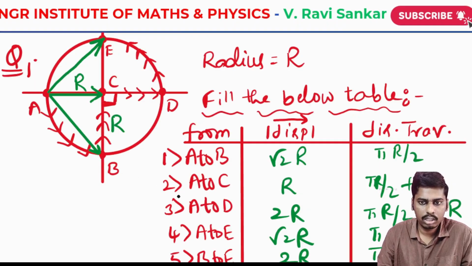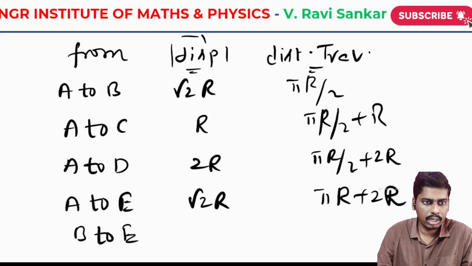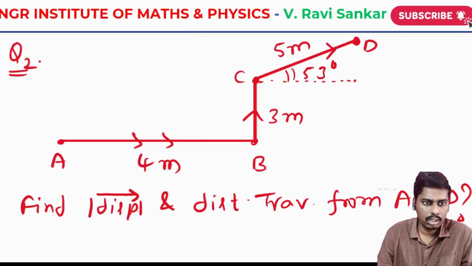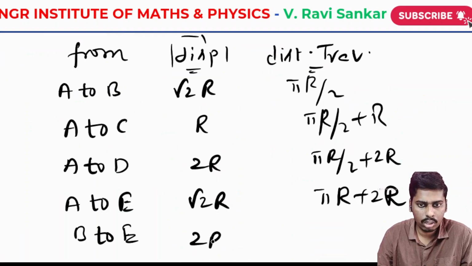And this is root 2 r, pi r plus 2r. And the next thing is going to be 2r, pi r by 2 plus 2r.